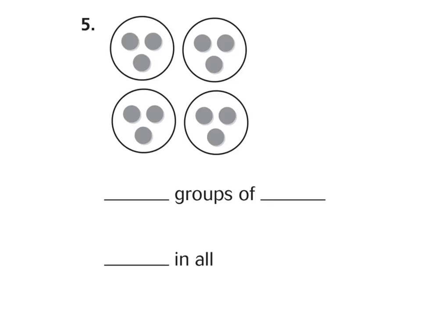Now let's look at number 5. In number 5, the equal groups have already been created for us. So we are going to count the equal groups to find out how many we have in all. There are 1, 2, 3, 4 equal groups. And in each group, I have 1, 2, 3.